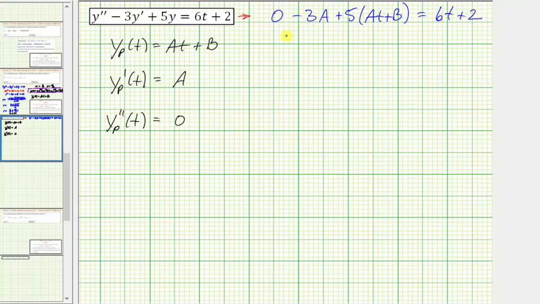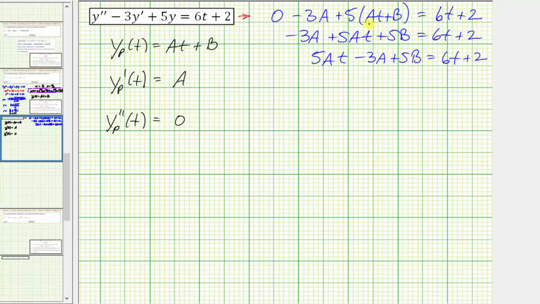And this must equal 6t plus 2. Simplifying on the left, we have negative 3a plus 5at plus 5b equals 6t plus 2. Let's write the terms on the left as 5at minus 3a plus 5b equals 6t plus 2.